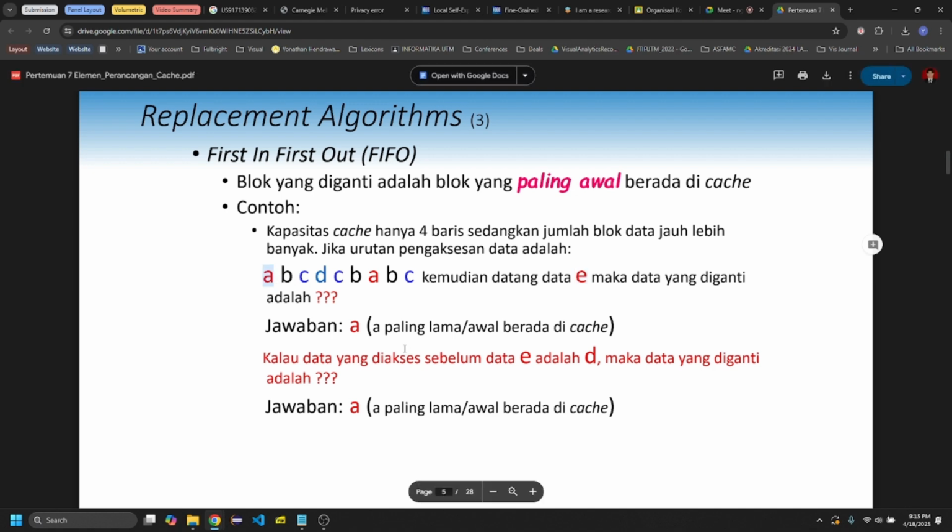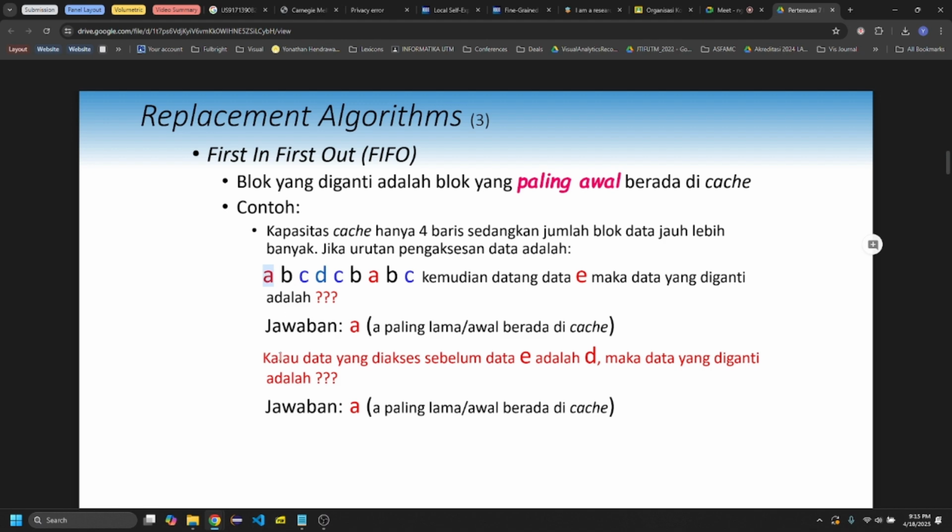Because A was the first line in the cache, so it is the very first going out. When we write down the cache, it starts with A, and then B, and then C, and then D. A is the very first line written in the cache, so it goes first too.